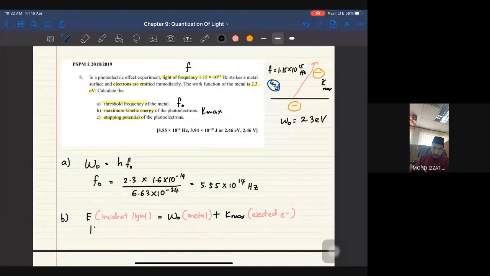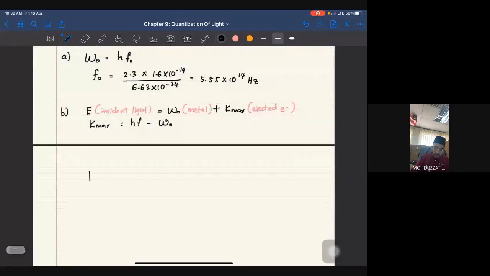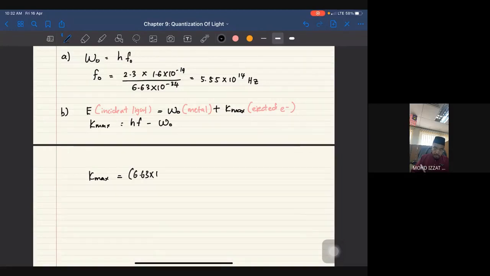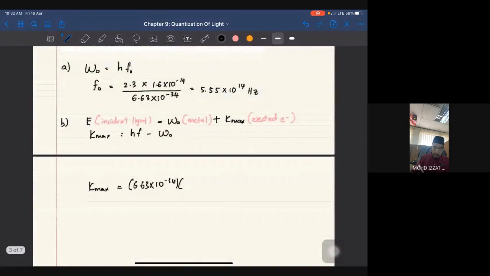I can write Kmax equals HF minus W naught. So you already have the values for F, which is 1.15 times 10 to the power of 15.